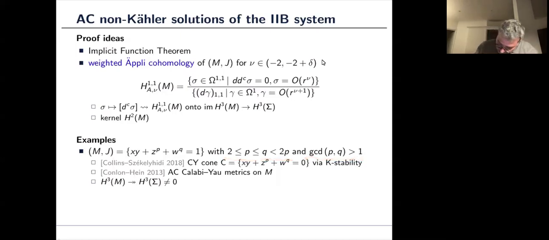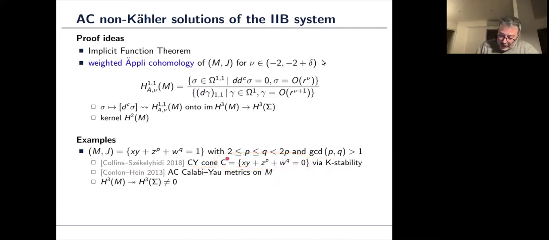The first condition arises from K-stability, the existence of a Calabi-Yau cone metric on the candidate tangent cone at infinity.